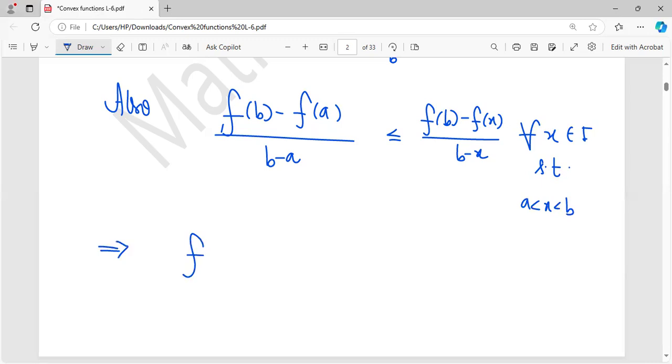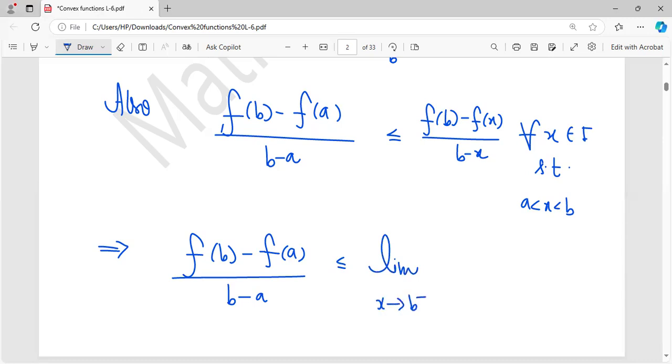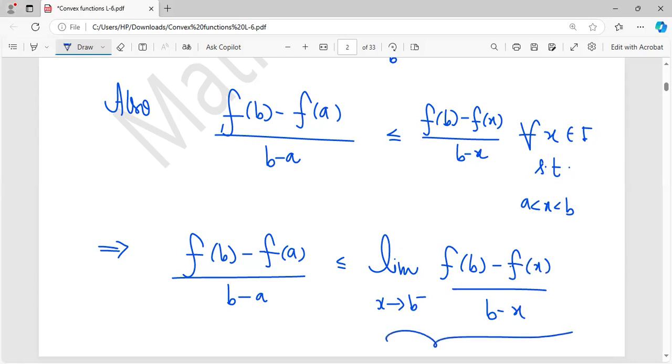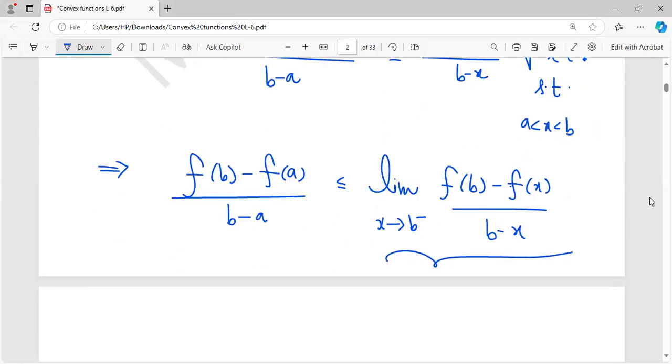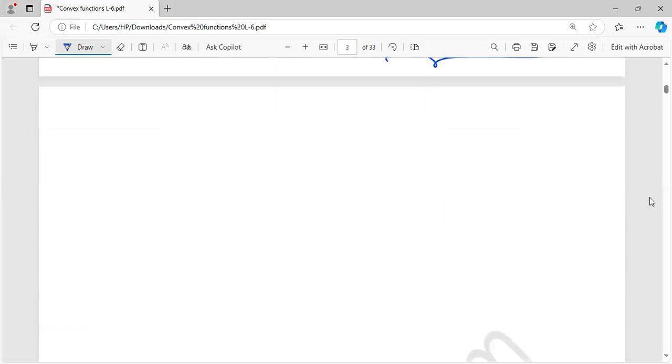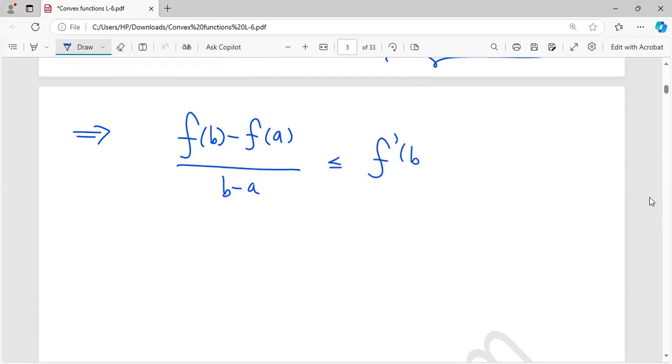So this implies (f(b) - f(a))/(b - a) is at most the limit as x tends to b from the left of (f(b) - f(x))/(b - x). Since the function is differentiable, this is nothing but f'(b). Let's call this equation 2.